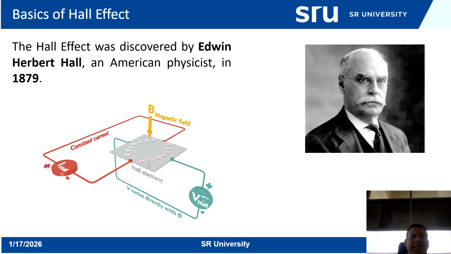Scientists can identify whether a material is N type or P type, and it can measure the mobility and other semiconductor properties. This is essential in semiconductor research and device fabrication. So this comes under characterizing materials.